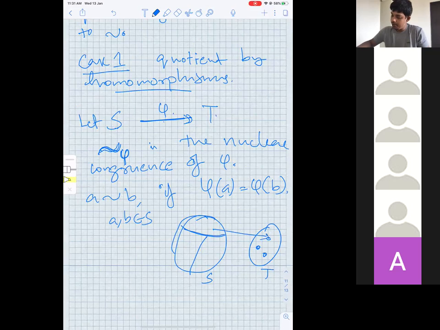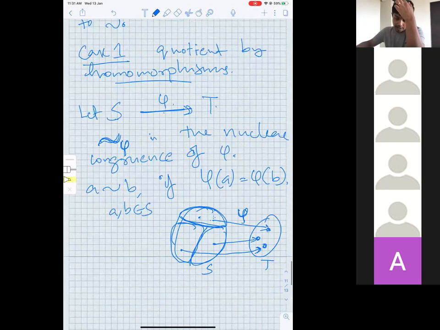Each section maps to all the elements which map to one element of T. So if I have a morphism from S to T, I can define an equivalence relation on S: two elements of S are equivalent if they map to the same element of T.